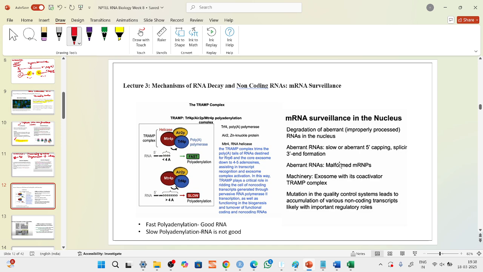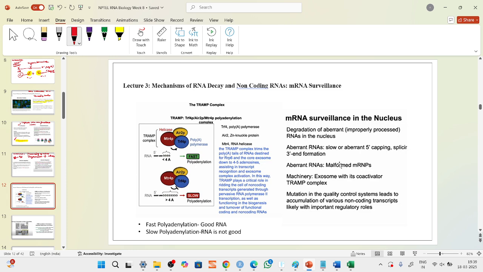Okay, so like we say CCTVs, in very general language, if I want to explain it to you. So what are CCTVs? They are a method or a way of keeping an eye on what is happening there. So it's like a video form of surveillance. So when I talk about mRNA surveillance, mRNA surveillance means that we are keeping a quality check on the mRNA molecules that are made.